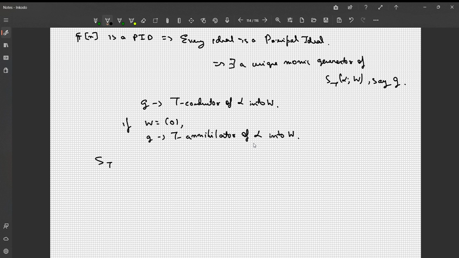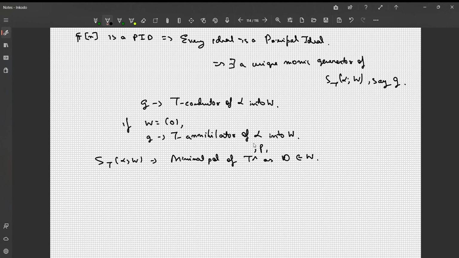Now one obvious thing to notice is that the minimal polynomial is inside this T-conductor set, right? So S_T(alpha; W) consists of the minimal polynomial of T, and that is simply because the element 0 is inside W. In fact, every annihilating polynomial is a part of it.